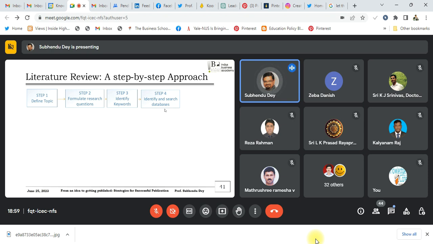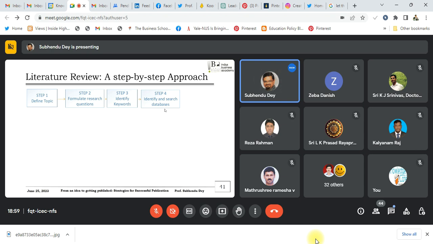So how many databases should be searched? At a minimum, I would suggest two, but it depends on the time and resources available. Many times in some colleges, you'll only have access to one database. If you can have access to another database through a friend or a collaborator, please go ahead and do that.